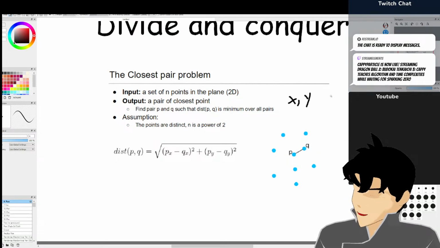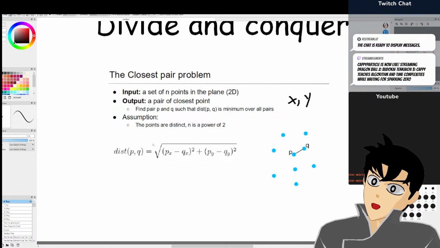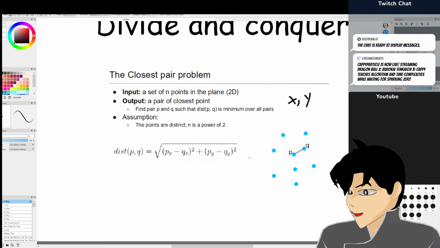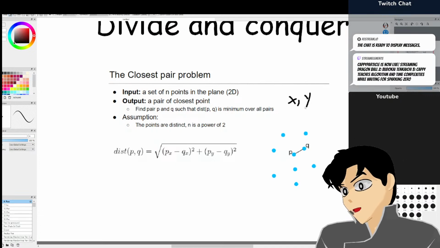How do we find the closest pairs? Through the distance formula and all that. Okay, sure, we can do that.